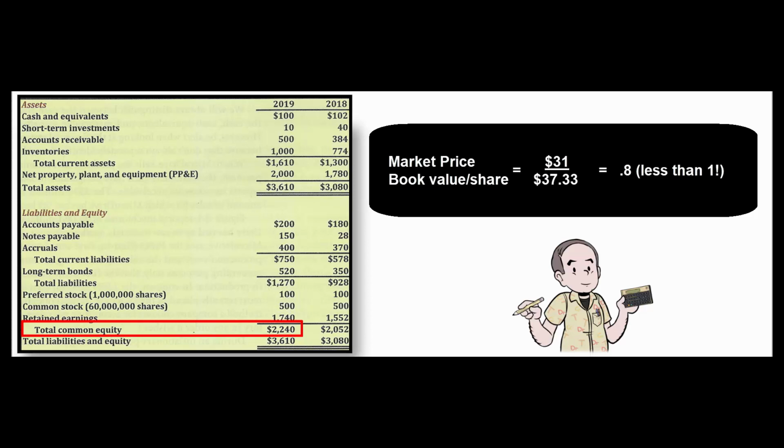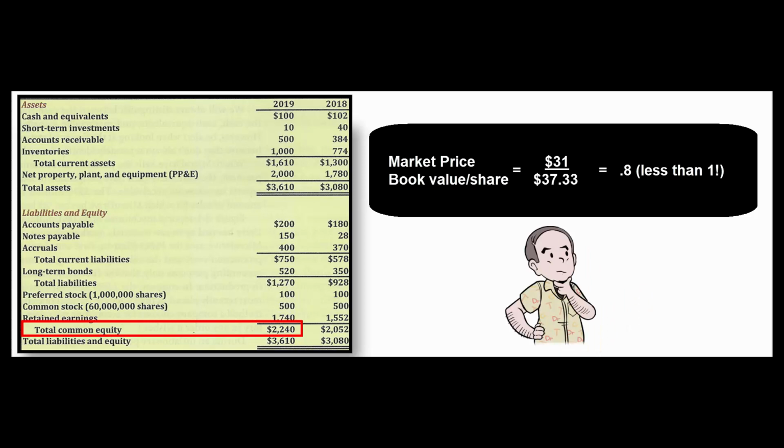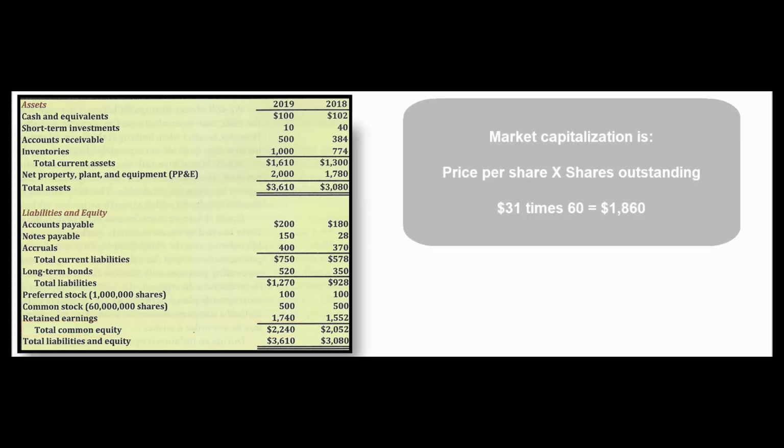So our market to book ratio is $31 over 37.33 or 0.8, which is probably not very good. But again, we'll have to look at the industry average, we'll have to look at the history of our company to confirm that that's not very good.